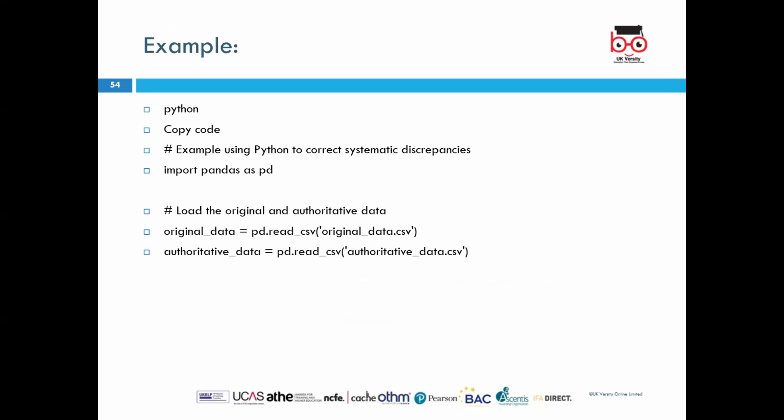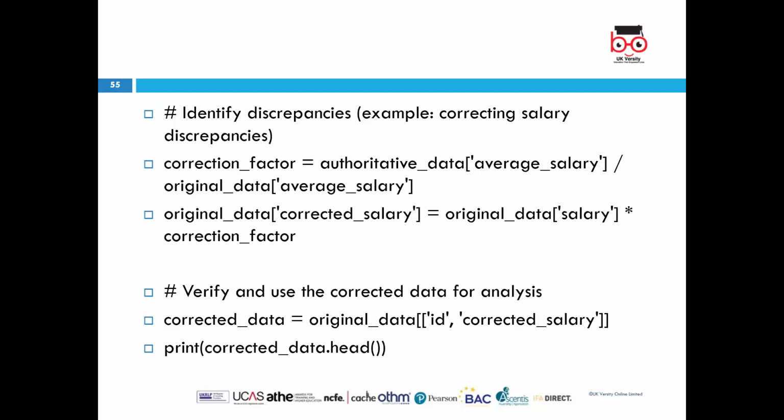Example of our pseudocode, where we're going to identify our discrepancies. And for example, here we're going to correct the salary discrepancies. And also we're going to verify the use of corrected data for analysis.